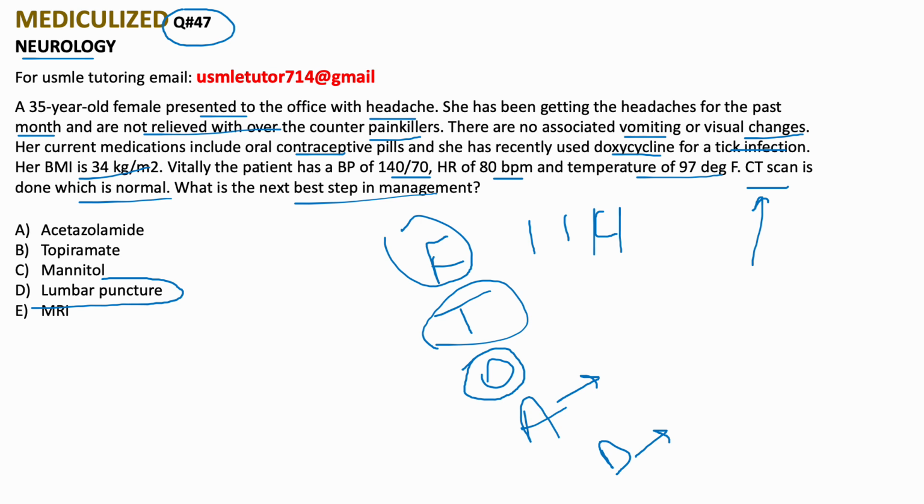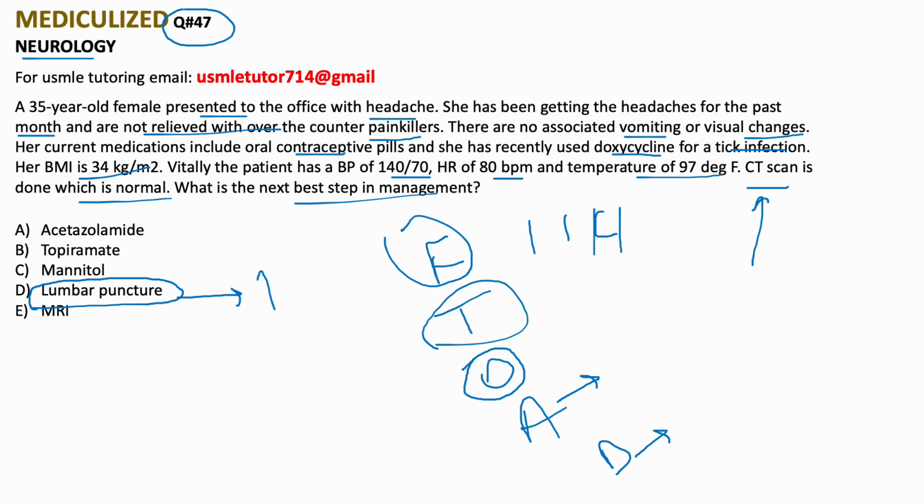So remember, lumbar puncture is confirmatory, but you should not do it before doing any brain imaging. You first do CT or MRI to rule out intracranial mass, and then you do a lumbar puncture. Because if you did lumbar puncture in this patient without first doing CT or MRI, there may be an intracranial mass, and you may cause herniation. So first do CT or MRI, rule out the intracranial mass, and then you are safe to do lumbar puncture.